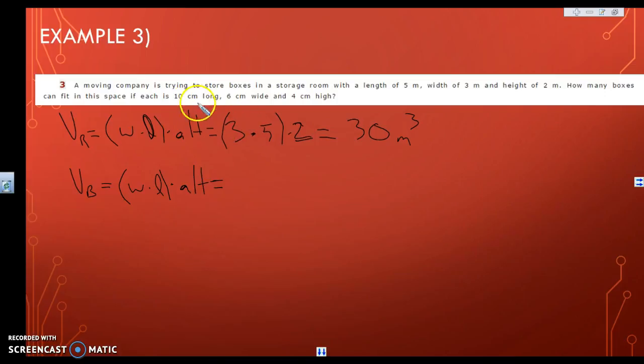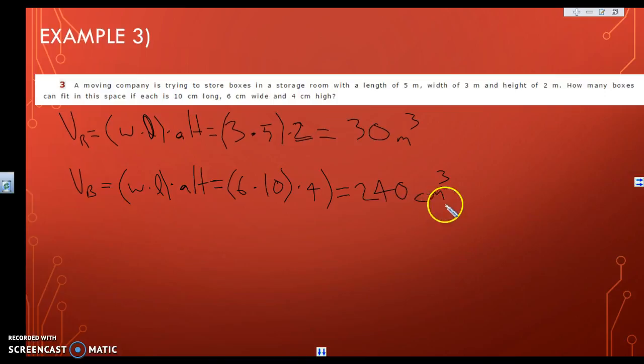The box has a width of 6 centimeters, length of 10 centimeters, and is 4 centimeters high, so altitude is 4. So 4 times 6 is 24, 24 times 10 is 240 centimeters cubed. So we want to find how many of these boxes will fit in this room.